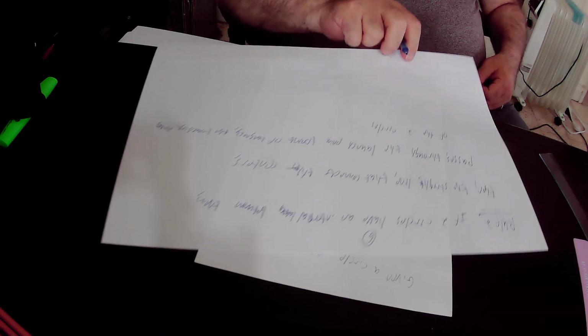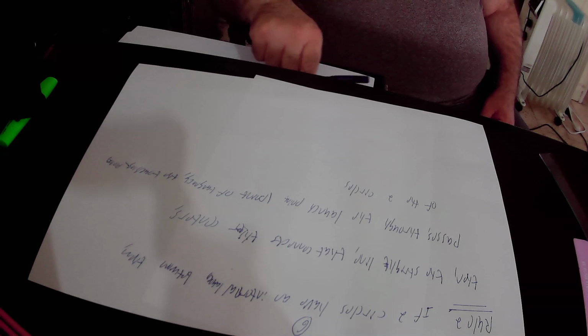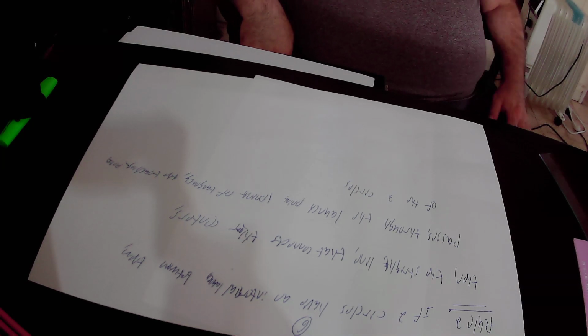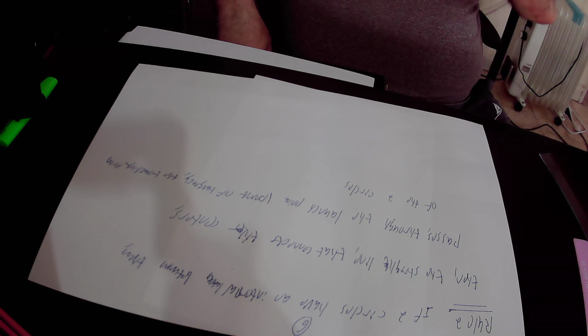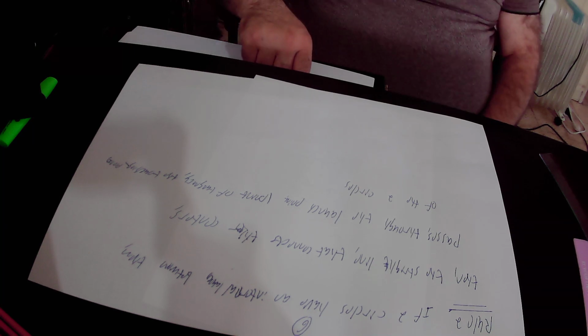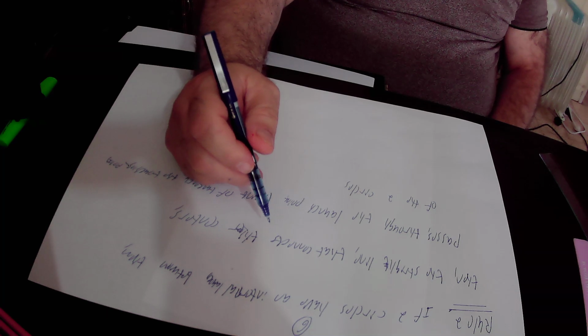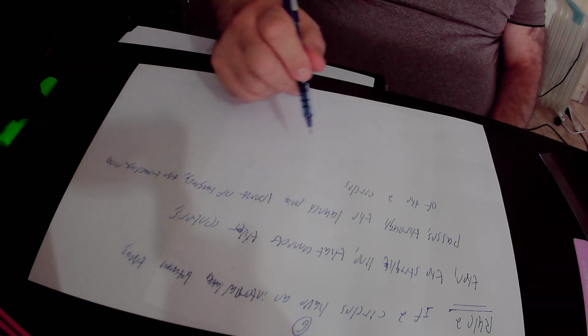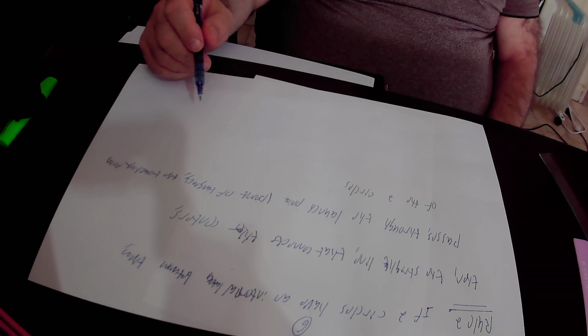So I read rule number 2 again. According to rule number 2, if two circles have an internal launch between them, then the straight line that connects their centers passes through the launch point of the two circles.